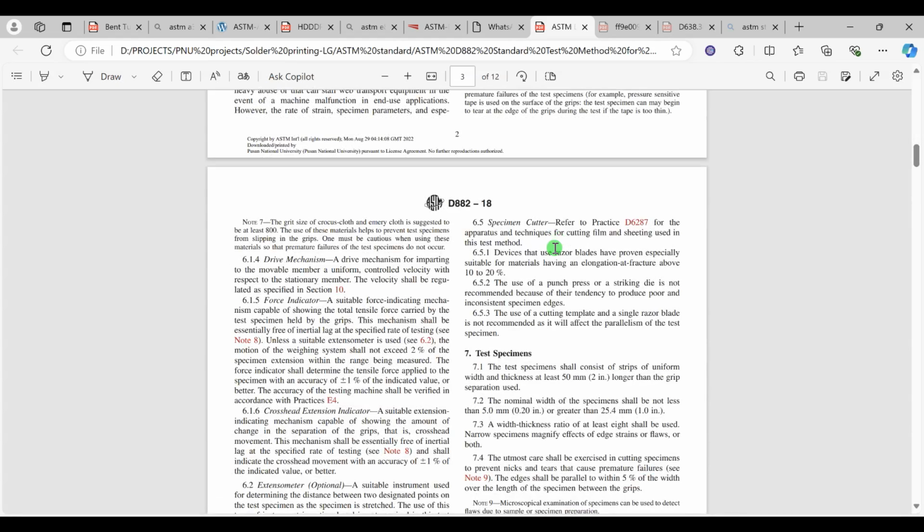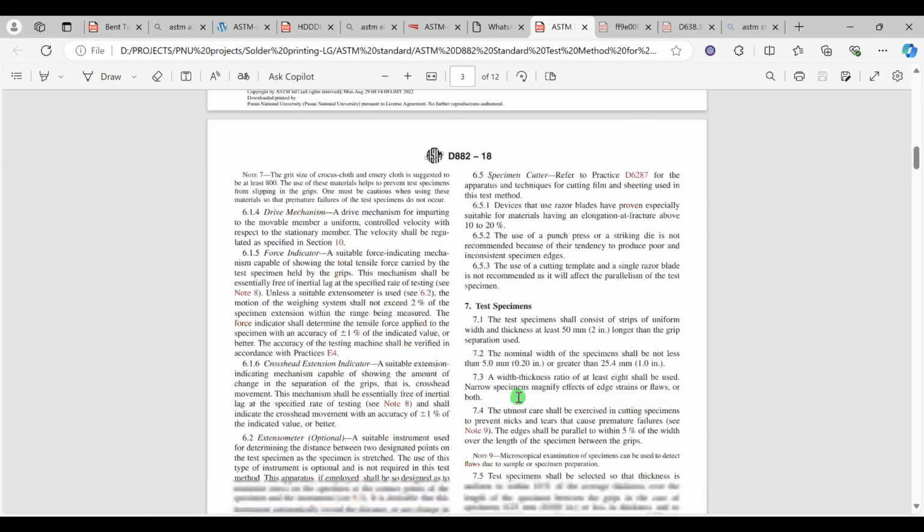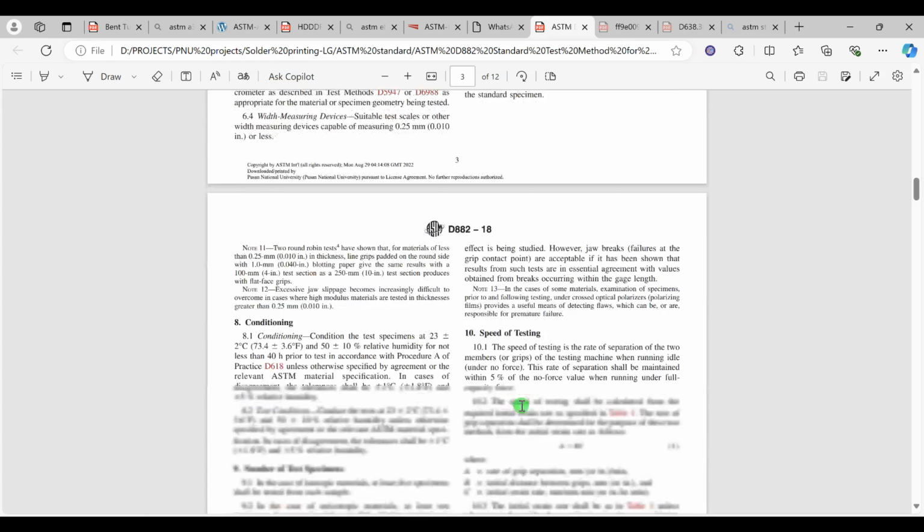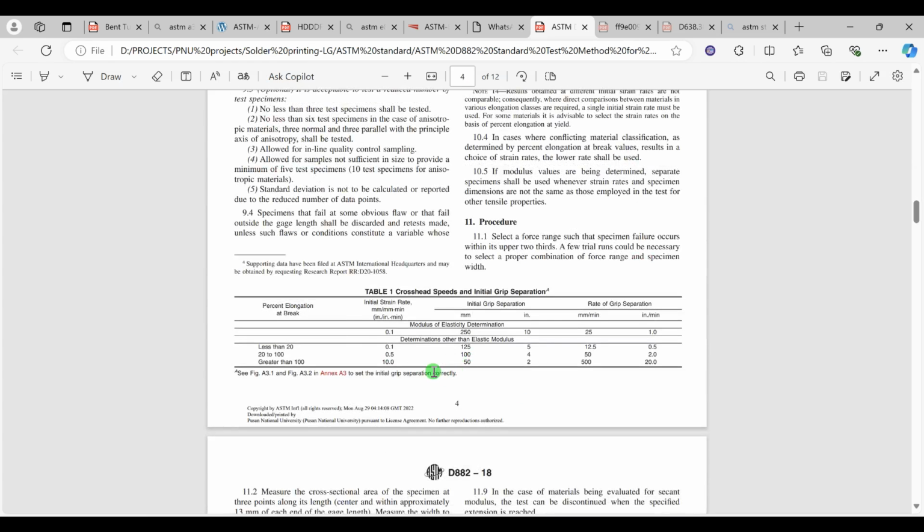For this standard, you should consider the gripping area, and the test specimen, as you can see here, depends on the thickness. The test specimen shall consist of a strip of uniform width and thickness, at least 50 millimeter longer than the grip separation used. And also for the separation speed, you can use this table: crosshead speed and initial grip separation.